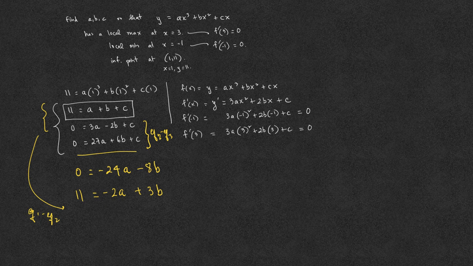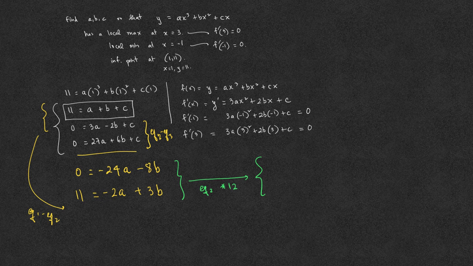We now have a system of two equations and two unknowns. To eliminate one variable, we see that 24a is a multiple of 2a. In fact, we take the second equation times 12 to get a new system of equations which is equivalent to this system.